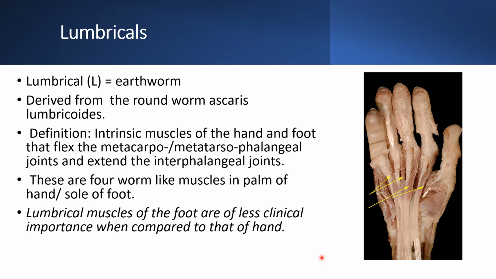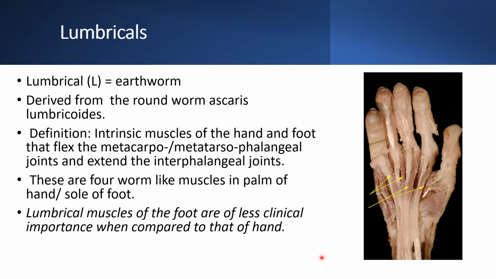How can they be defined? They are intrinsic muscles of the hand and foot also. In the foot also you will see the intrinsic muscles. We are going to discuss the lumbricals of hand and foot together to make it more understandable.